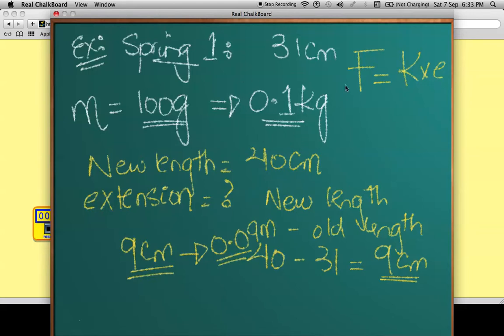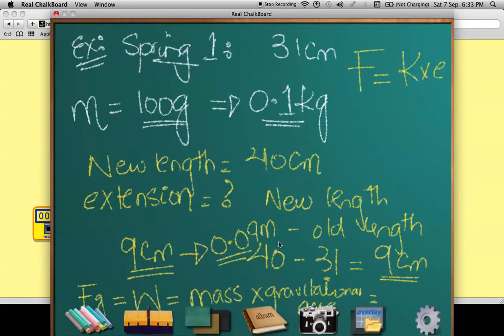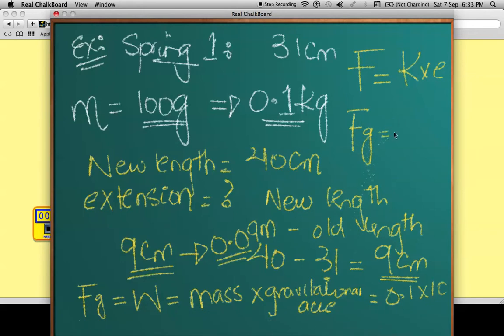That force is simply the gravitational force, also called weight, which is mass times gravitational acceleration. So this becomes 0.1 times the gravitational acceleration on Earth, which is 10. So the force becomes 1 newton on the spring.